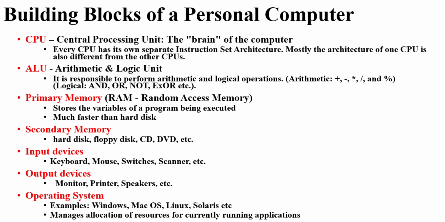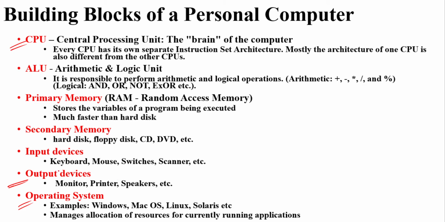Of course, to run all these hardwares, because if you notice here, from the CPU up to the output devices, these are all hardware. To control the hardware, to control the resources and the data transfer between all the devices, we need software which is the soul of the PC. We can say it is an operating system.